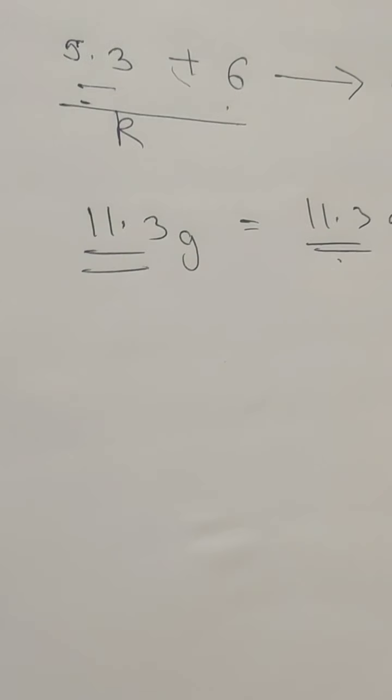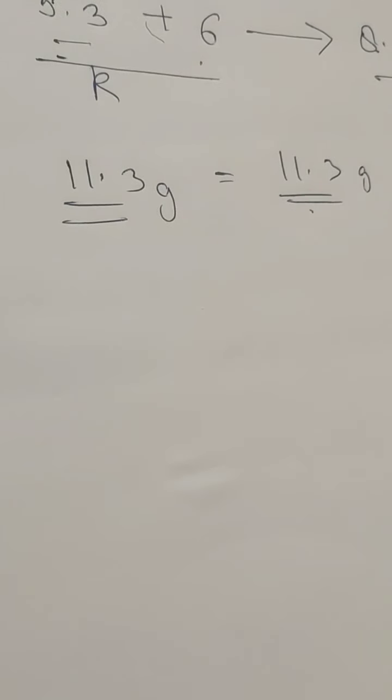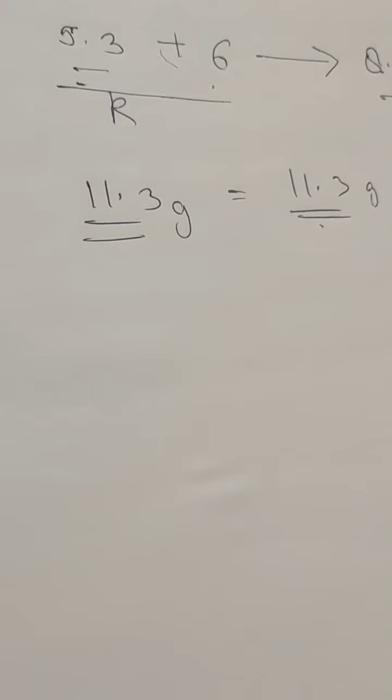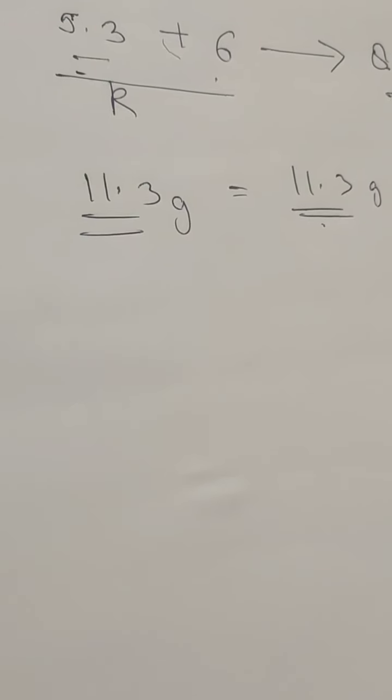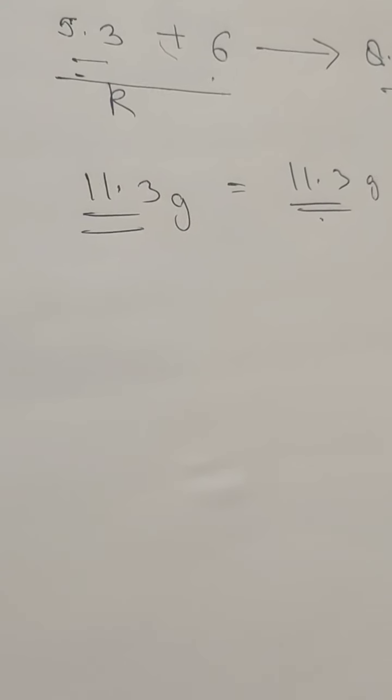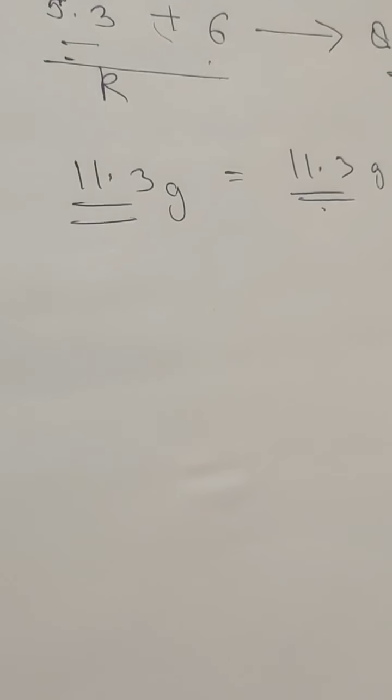Now the second question: calcium carbonate decomposes on heating to form calcium oxide and CO2. When 10 grams of calcium carbonate is decomposed completely, 5.6 grams of calcium oxide is formed. We have to calculate the mass of the CO2, which has not been given.